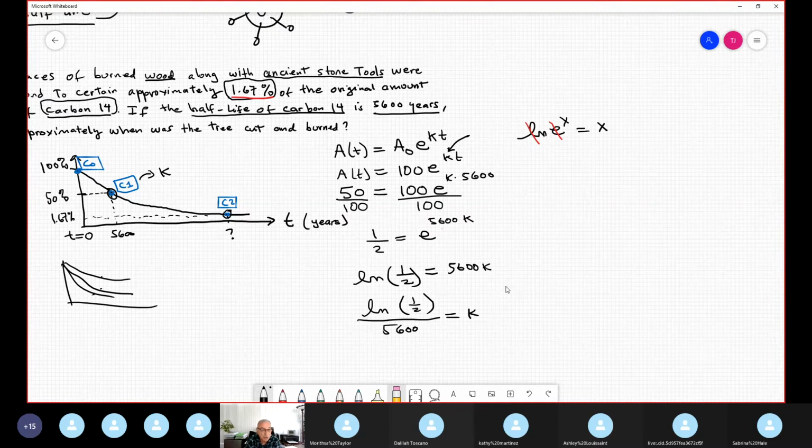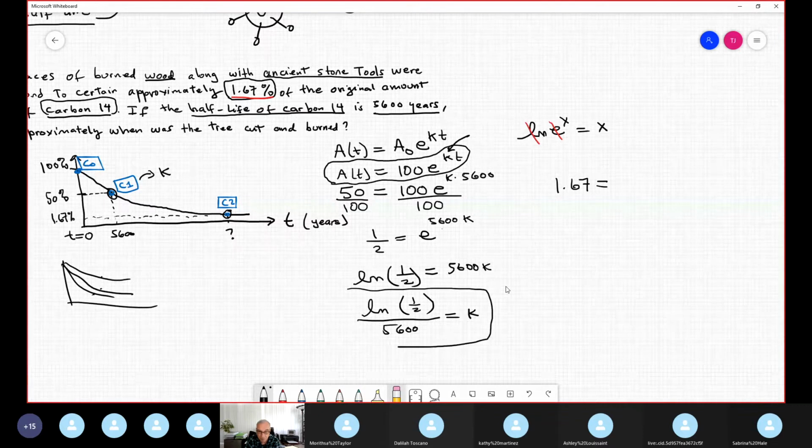In condition 2, we have 1.67, which is the amount of substance at this moment. So one more time, we're using that formula. Okay, if you want, you put it in the calculator.